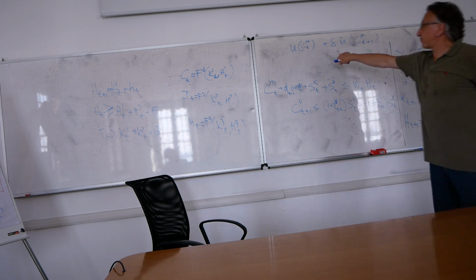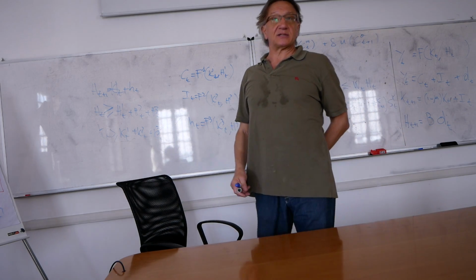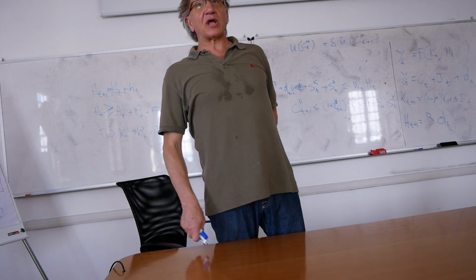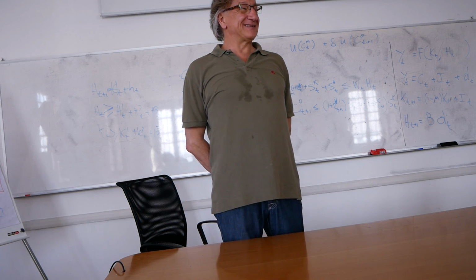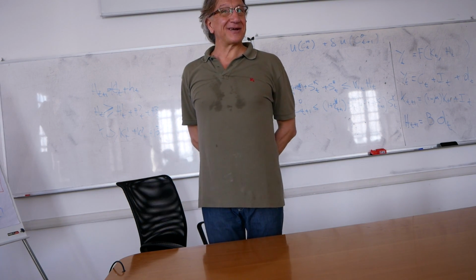If you want, you can write a third budget constraint here, but it's pretty silly. It says that what I spend in education is equal to what I borrow. It's just extra symbols. Okay?